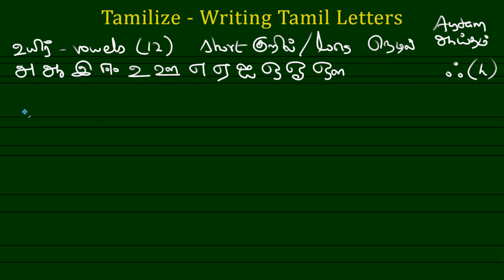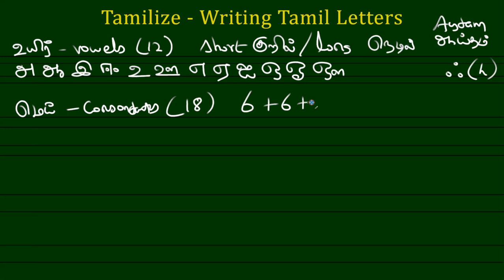Then we have the consonants, மெய் எழுத்துக்கள், which are grouped into sixes, three sixes. Consonants. Okay, so forget my spelling mistake there. So there are 18 consonants put into 3 classes: hard, soft, and in between, right? So hard, soft, and in between.